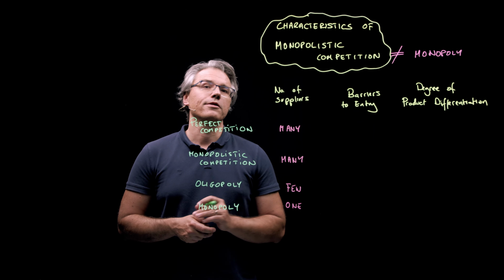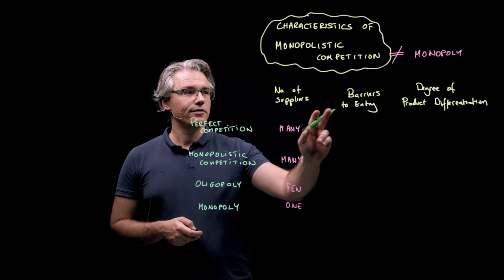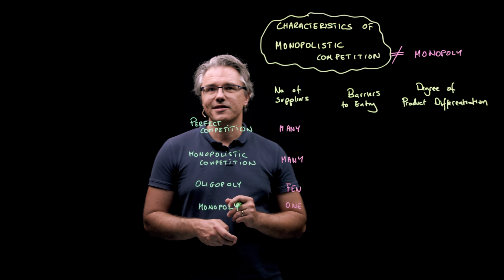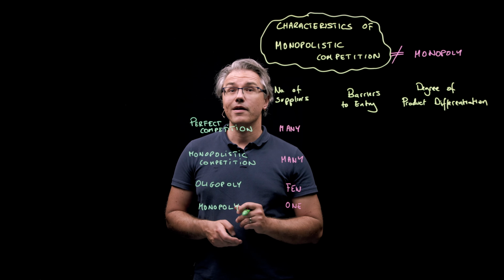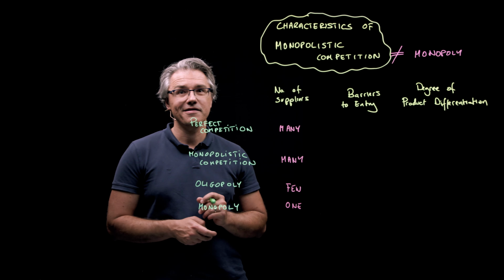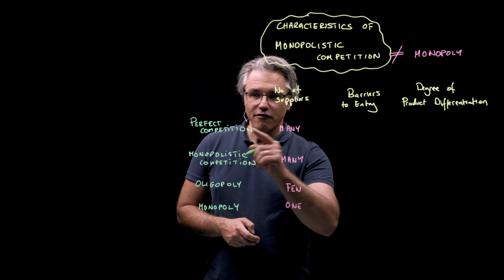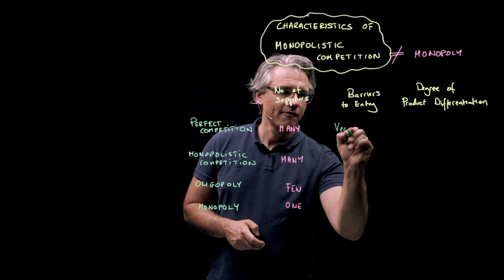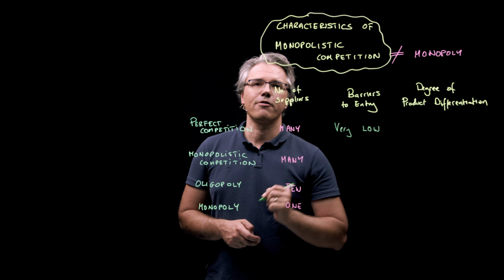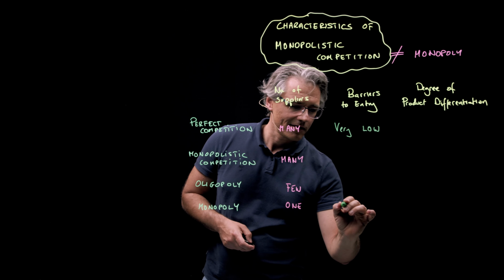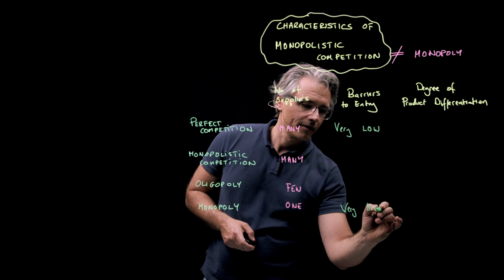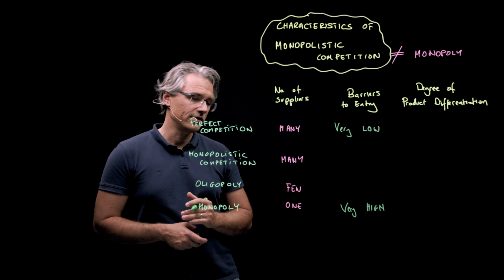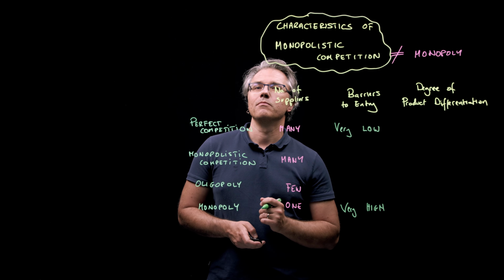Now, the next characteristic is barriers to entry, and this is going to be really straightforward with very low and very high at the extremes. So for perfect competition, very low barriers to entry and very high barriers to entry at the other end of the table where we've got the monopoly.